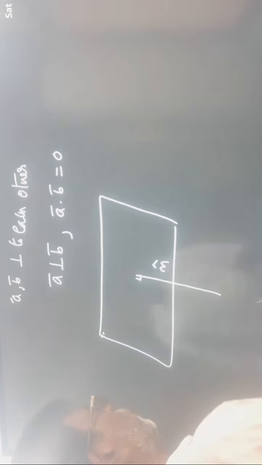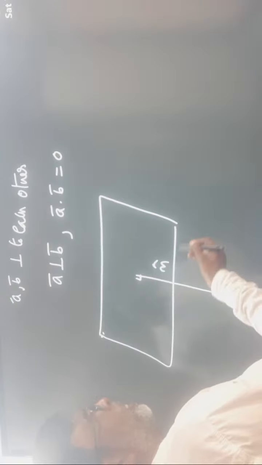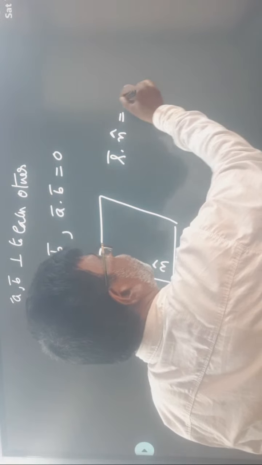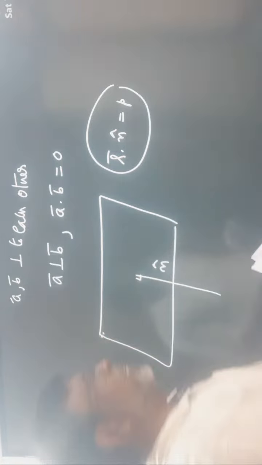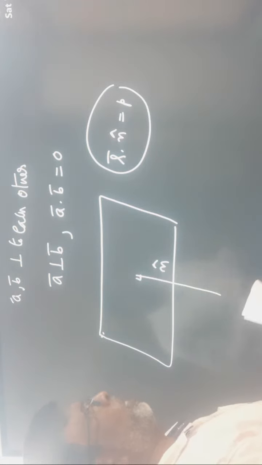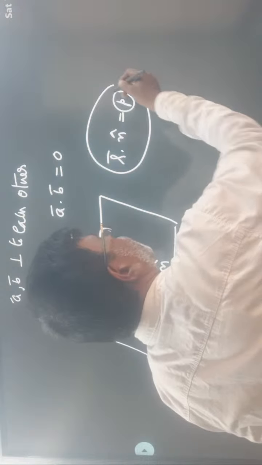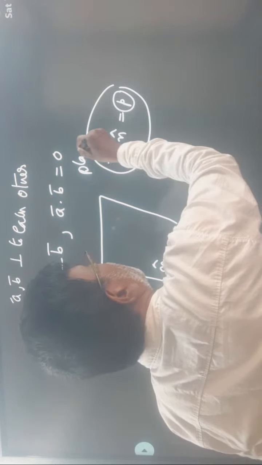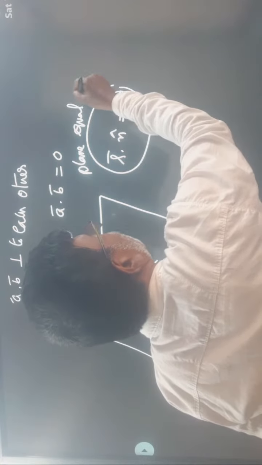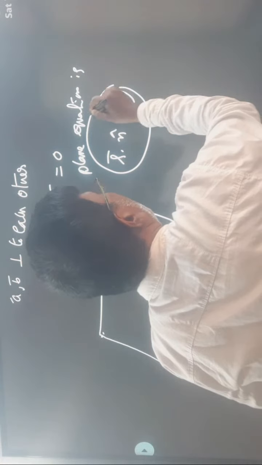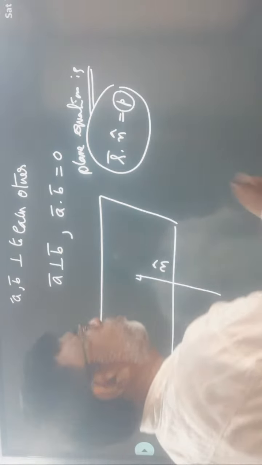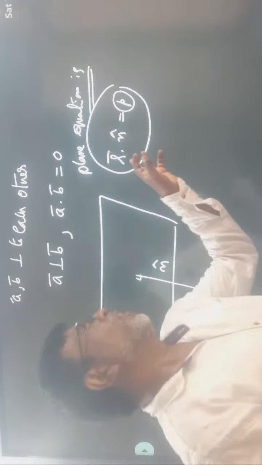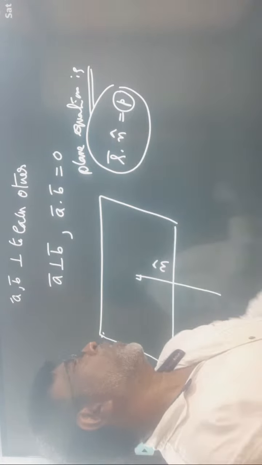So this is the unit vector, and r dot n cap equals p. n cap is a unit vector perpendicular to the plane, and p is the perpendicular distance from the origin to the plane. Then the plane equation, which is very important, is r dot n cap equals p. This is called the normal form of the plane. So again, the plane equation is r dot n cap.